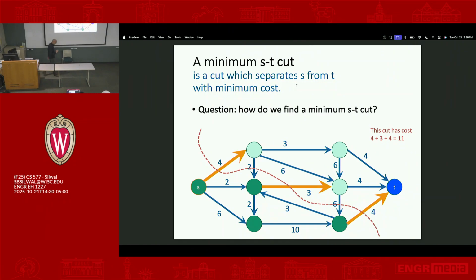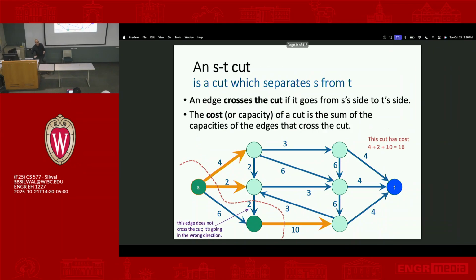So one problem that I'm interested in is called the minimum ST cut. It is the best way to break apart S and T. Like I showed you, this is one possible ST cut, and has value 16, because it's the sum of all the costs of the edges that go from the S side to the T side.